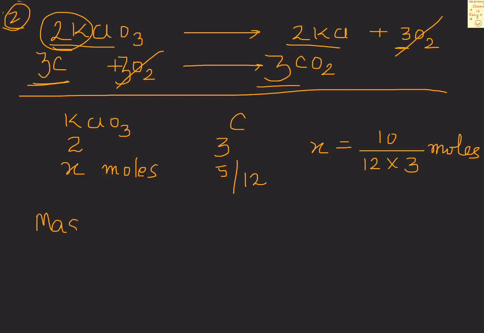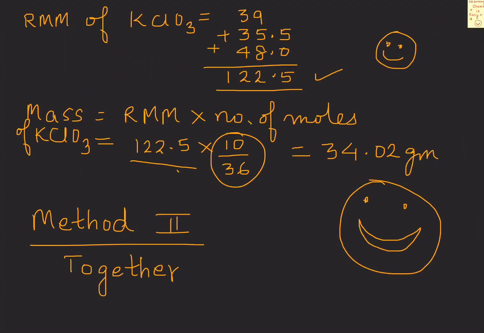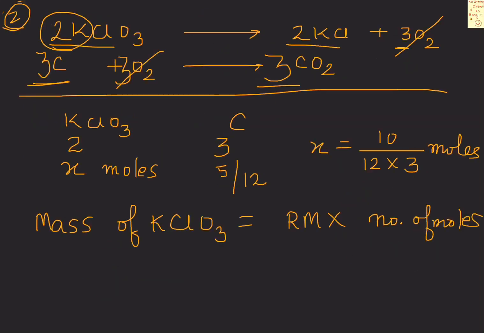So, what is the mass of potassium chlorate that you need over here? Very good. It's RMM into the number of moles. And what was the RMM of KClO3 that we had calculated? 122.5. So, we just put that value.